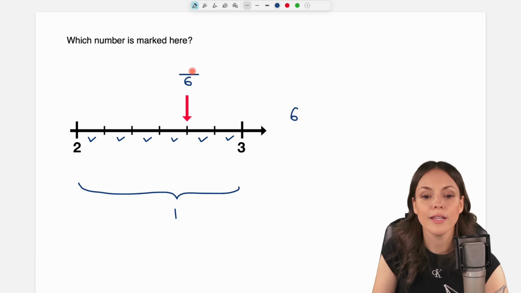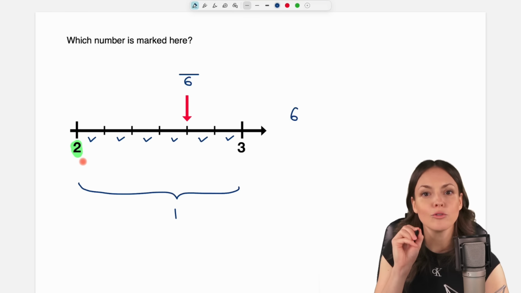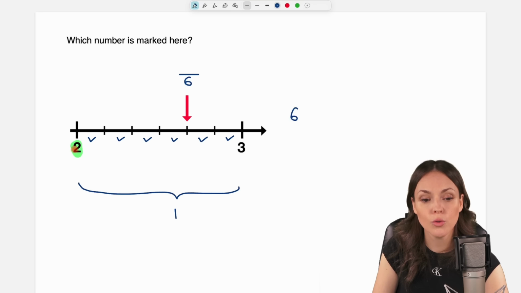Okay, how do we find the numerator now? We do it the same way as in the first example. So we start at the beginning of our number line, but this time we keep in mind that we have a 2 here instead of a 0. So we have to do something with this 2. But first of all, to get the numerator, we just start here and count the small steps.